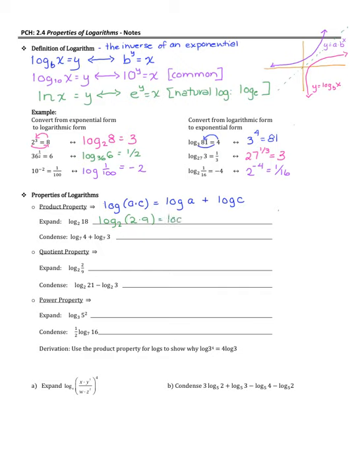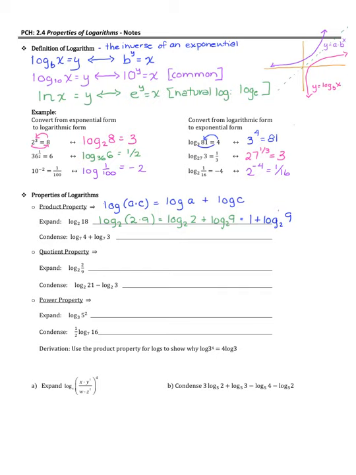I can expand this to log base 2 of 2 plus log base 2 of 9. And hopefully you remember that log base 2 of 2 has to equal 1, right? Because 2 to the 1 is 2, so this simplifies to 1 plus log base 2 of 9. And I would leave my answer like that if I don't have a calculator.